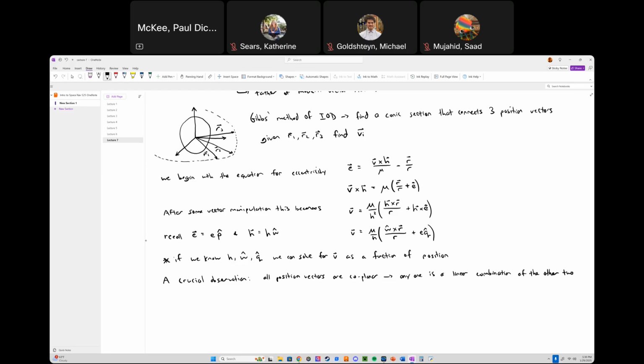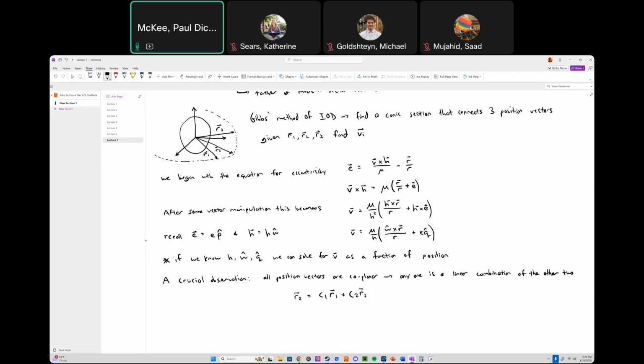Okay, so what does that mean in terms of math? Well, it means that R2 is going to be some C1 R1 plus C3 R3.